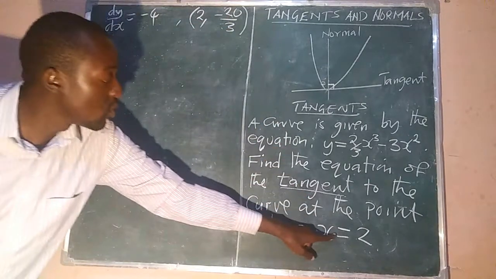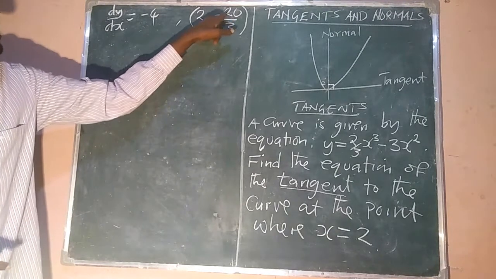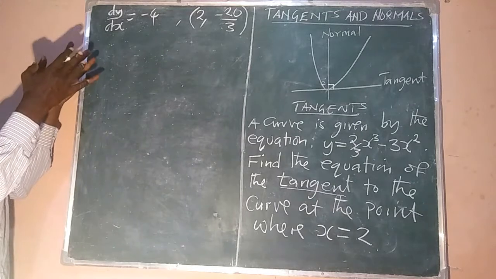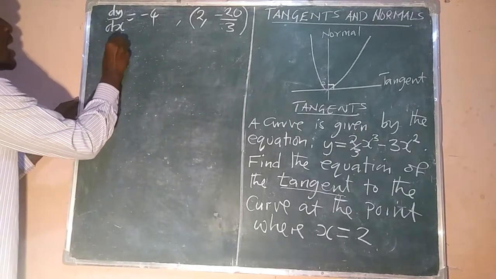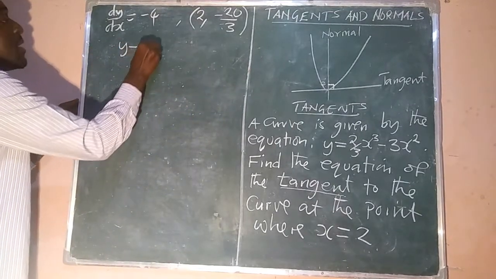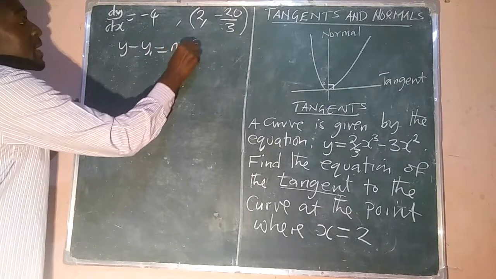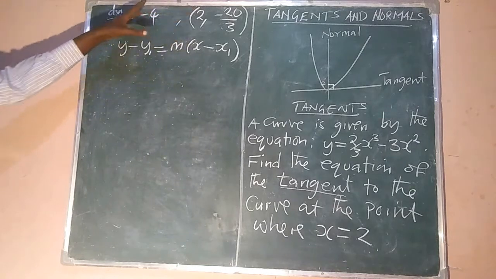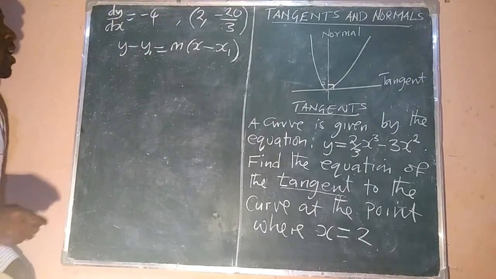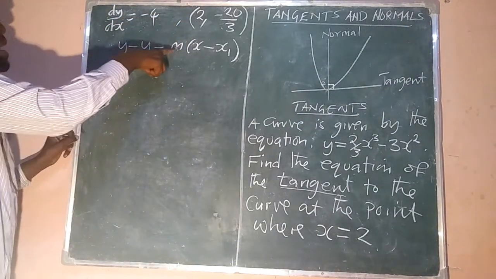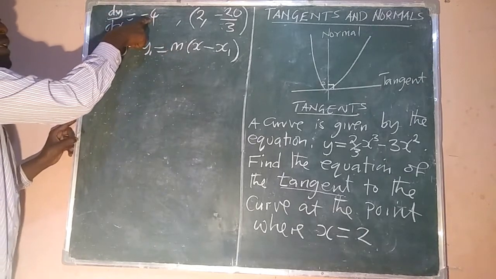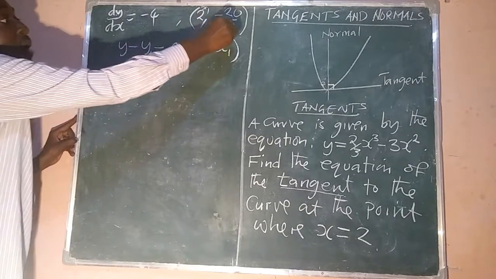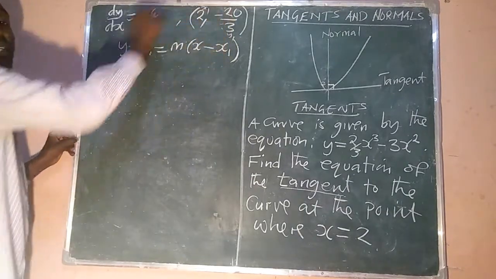The equation that we are going to use to find the equation of this tangent is y minus y1 is equal to m times x minus x1. So we substitute these values into this equation. Our m is negative 4, our x1 is 2, and our y1 is negative 20 over 3.